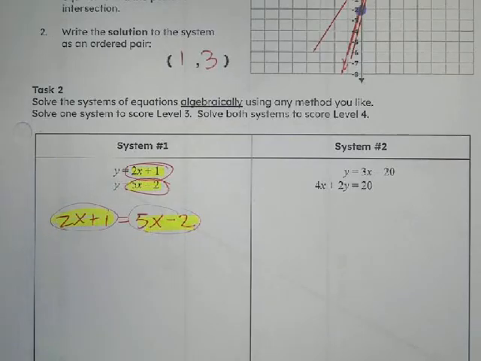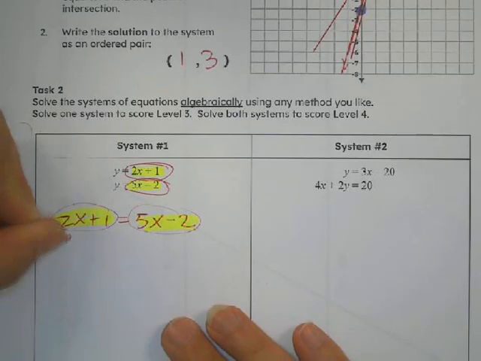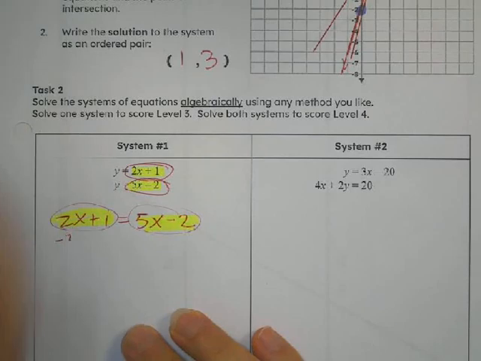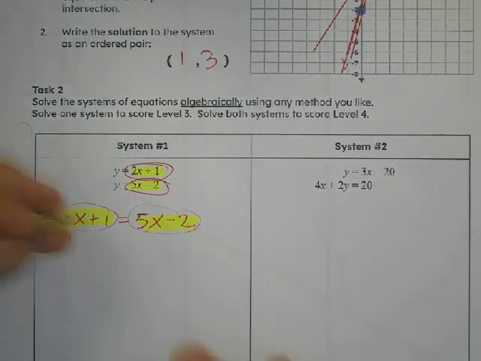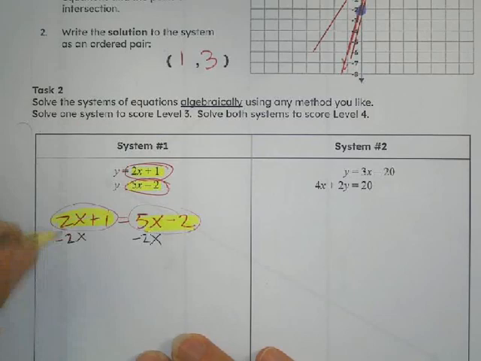Now let's put the terms with x on one side. I'm going to subtract 2x on both sides of the equation, and that makes that go away.